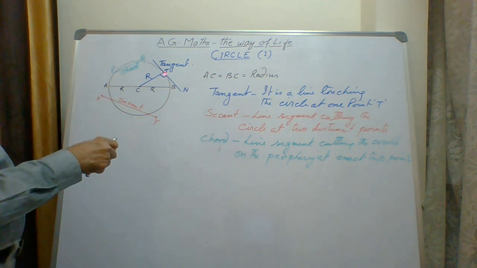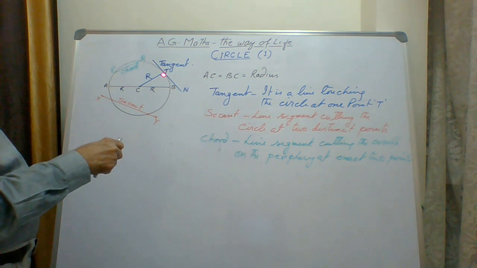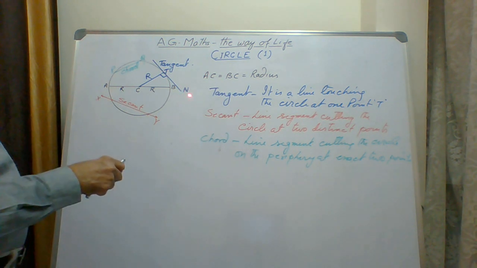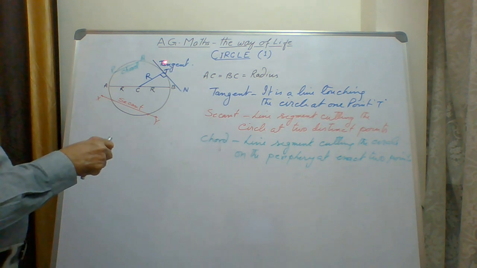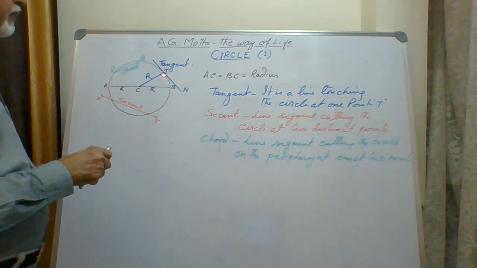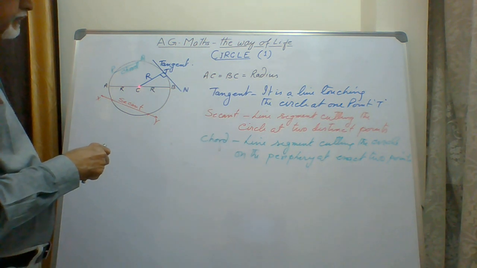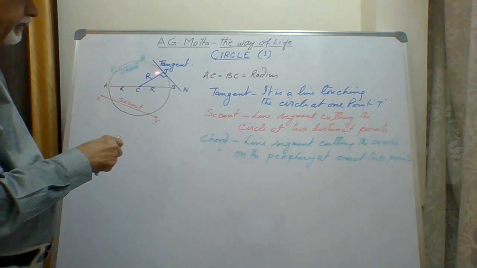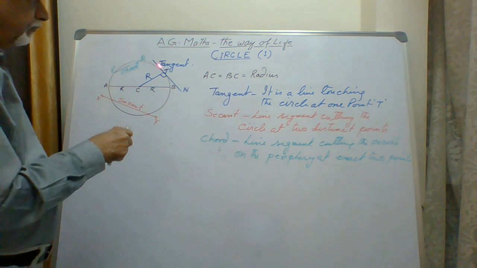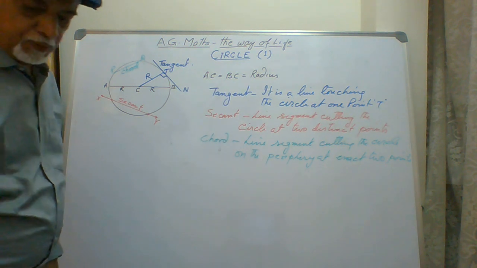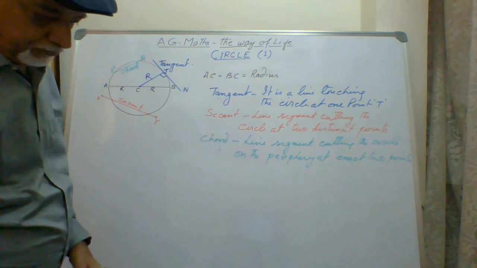And they coincide suppose at a point T. And this point T is called the point of contact, and the line drawn through the point T, here in blue color, is called the tangent to the circle at point T. And the radius dropped from center C at the point of contact T will make an angle with the tangent equal to 90 degrees. So that is what we learned about the circle so far.